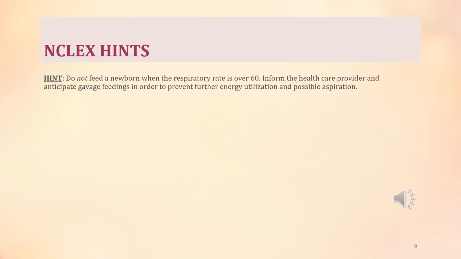All right, it's breathing too fast. It might aspirate on that fluid. So we want to make sure that we do something else to feed this baby. Either they'll drop an OG tube down and feed baby through that, or we'll more likely start an IV and let baby get glucose that way.